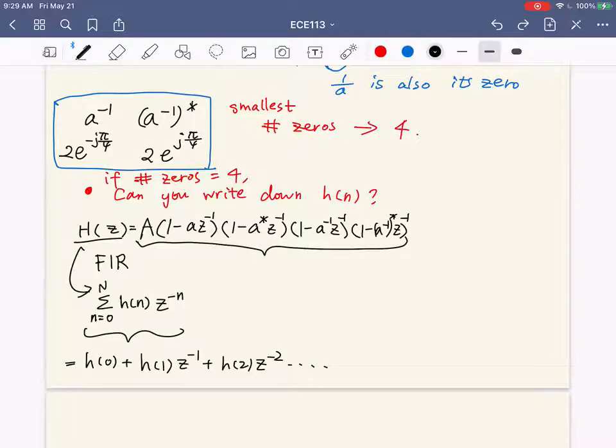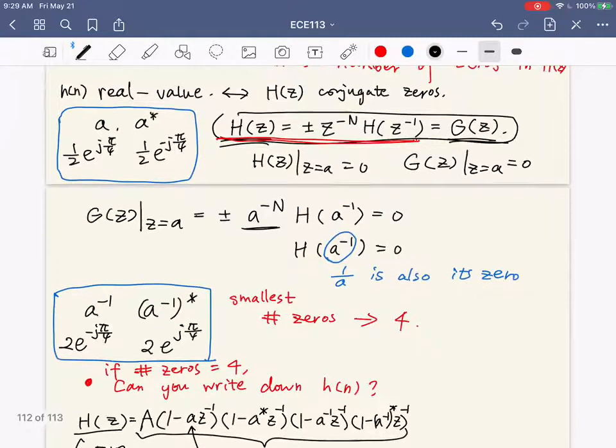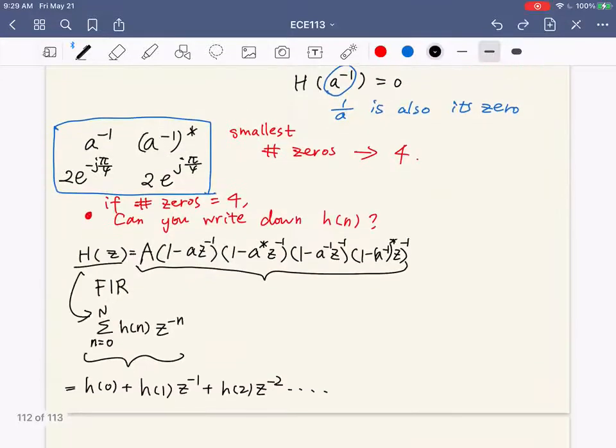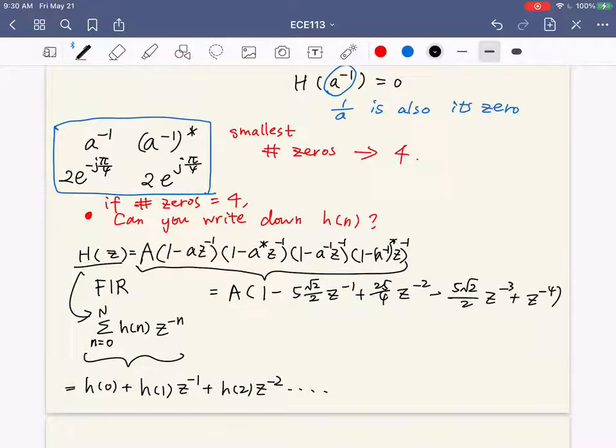So let's substitute the A values here. So we already know all the concrete values of all the zeros, right? So we just need to substitute it and be patient, and we'll get something like this: 1 minus 5 square root 2 over 2. All right. So we'll be happy to see they are in the same format.